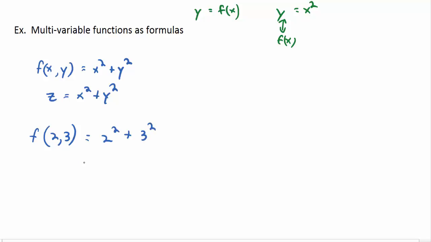Right? So what would that be? 4 plus 9, 13? Yeah. f of 2, 3 is equal to 13. Which simply means the ordered pair 2, 3 in R2, in the xy plane, maps or is assigned the real valued number 13.